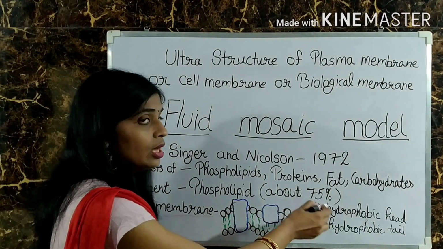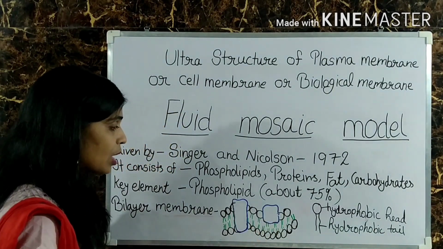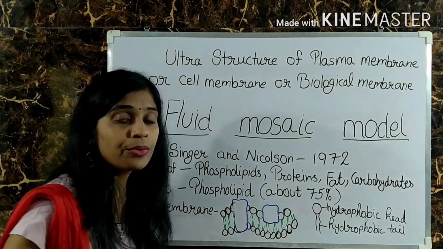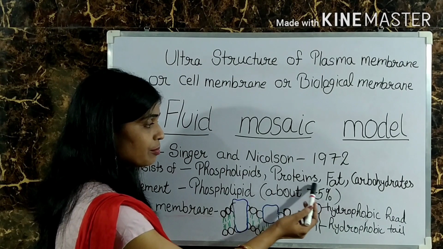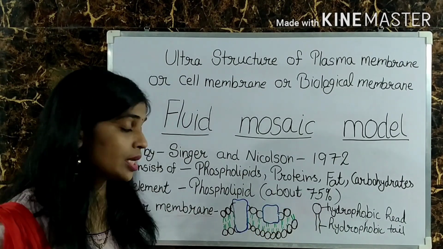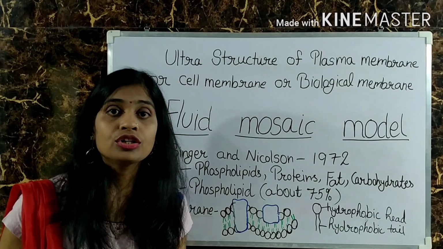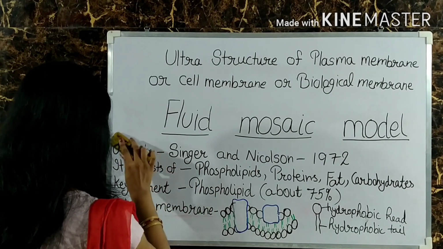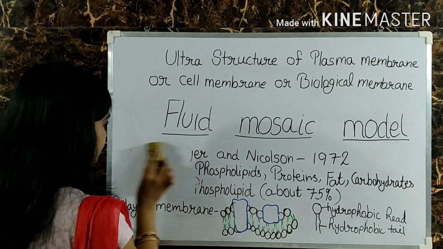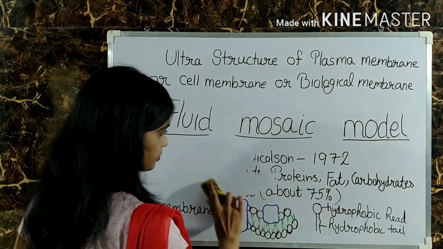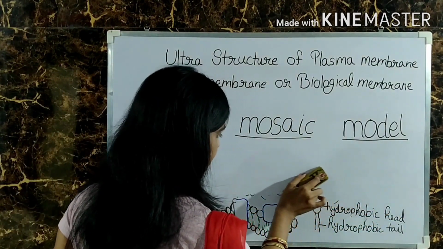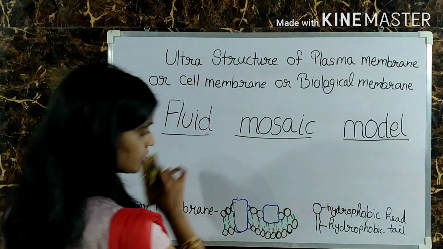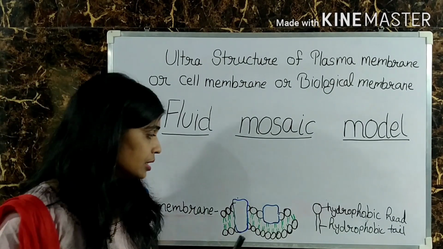In the structure you are also seeing the proteins, another component of the plasma membrane. There are two types of protein.